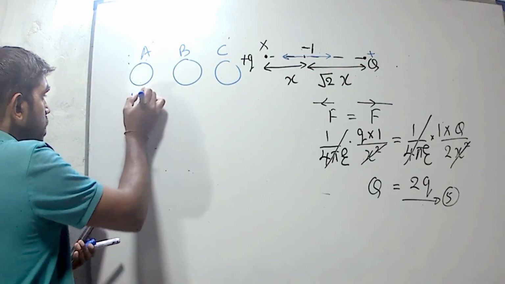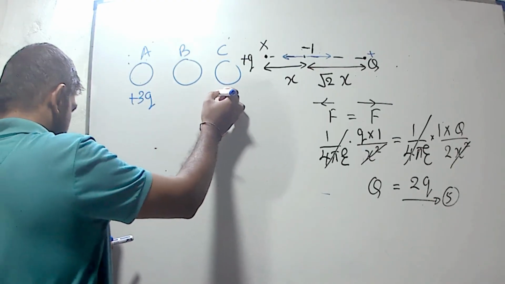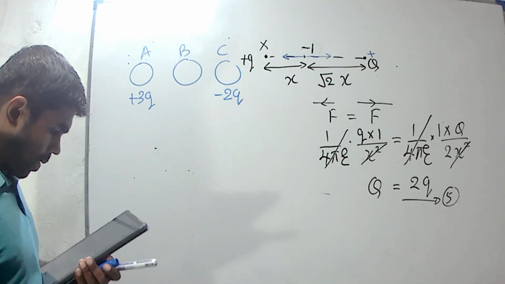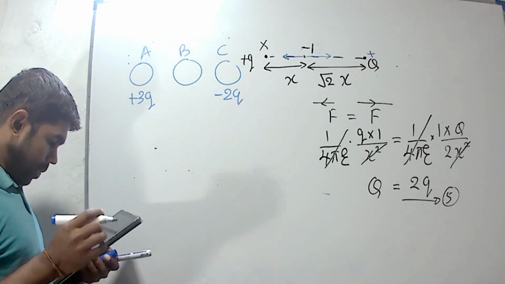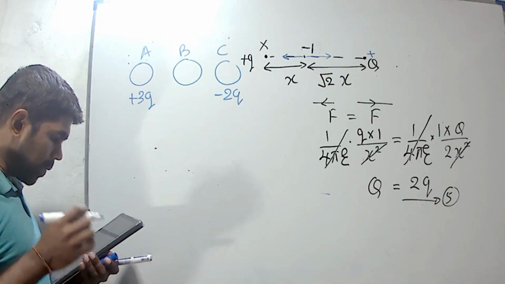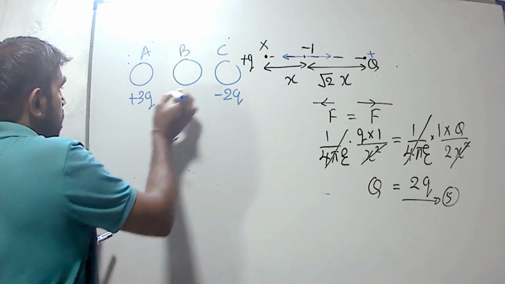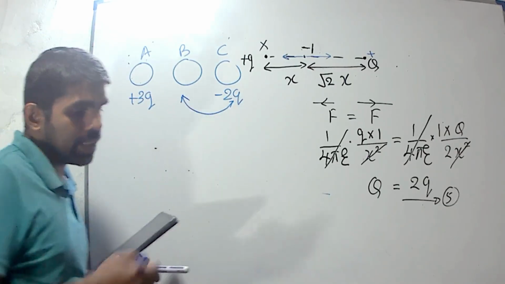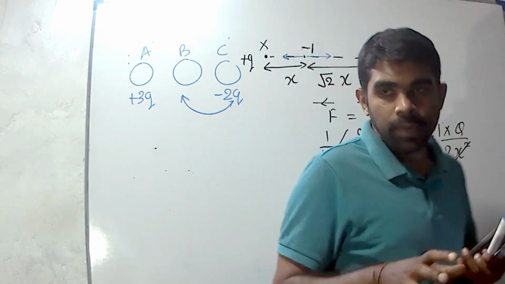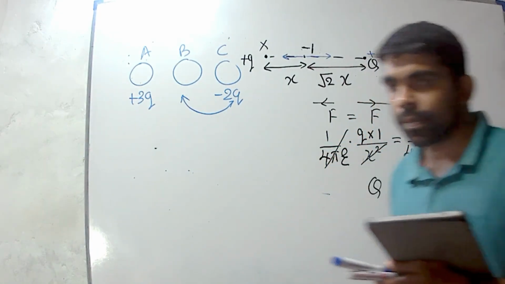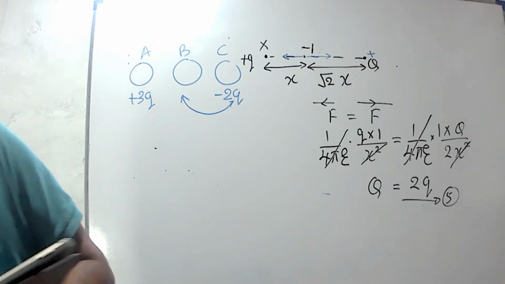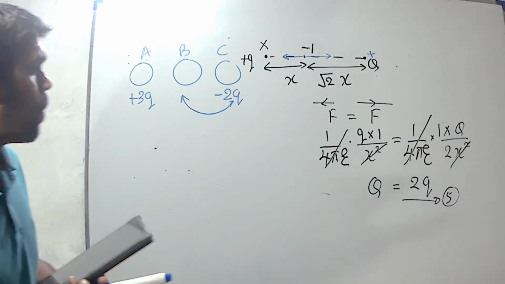A has a plus 3q charge. C has a minus 2q charge. They have given sphere B is first touched to C. Then we know that charge will flow from high potential to low potential.